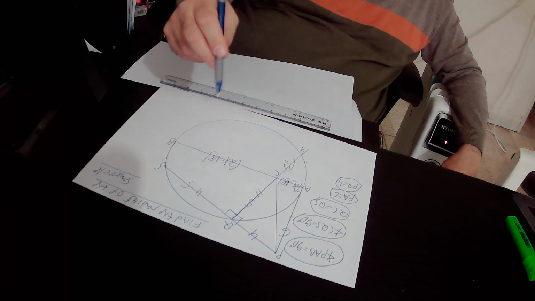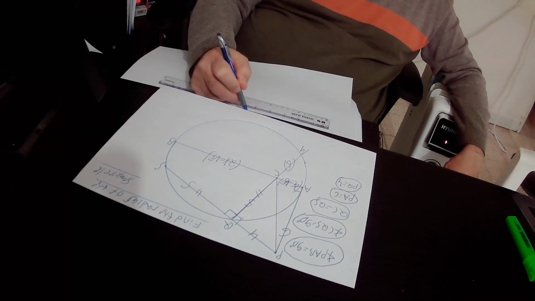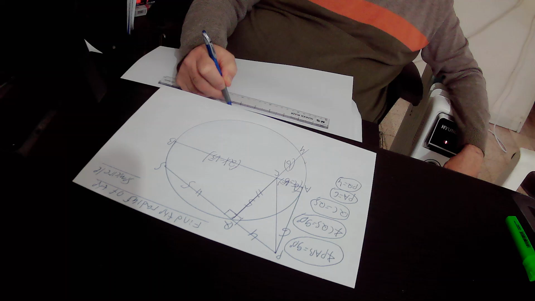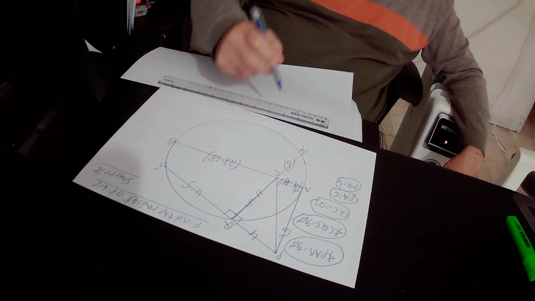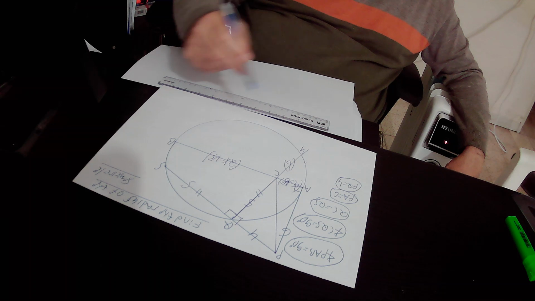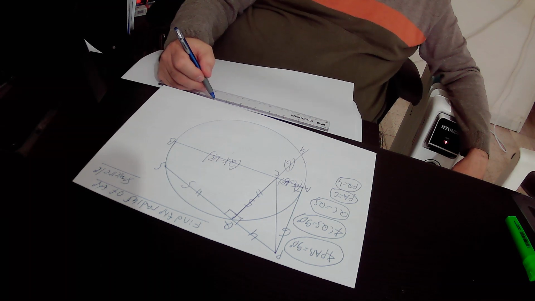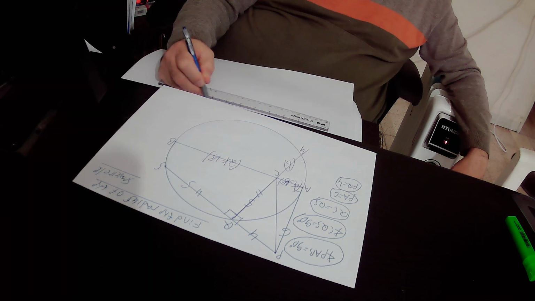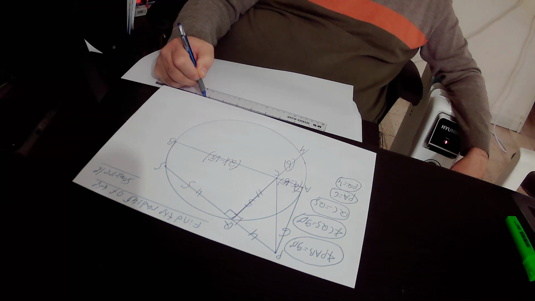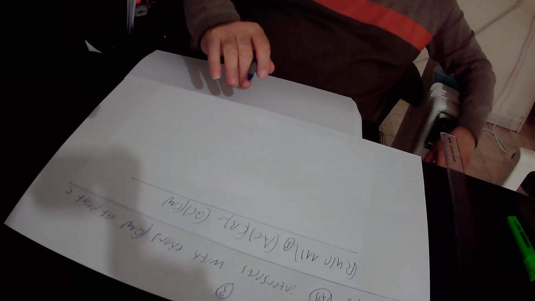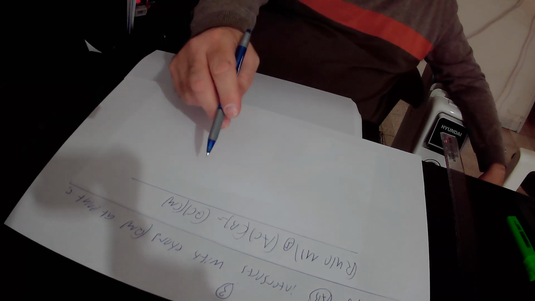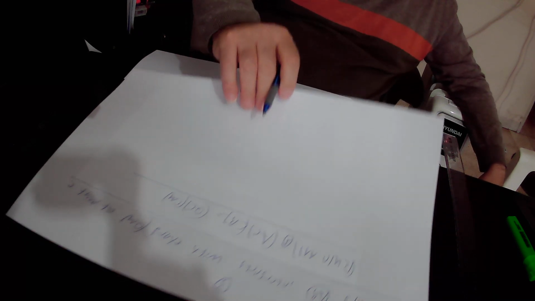AC times CB will be equal to QC times CM. Repeat again. According to rule number 11, AC times CB equals QC times CM.